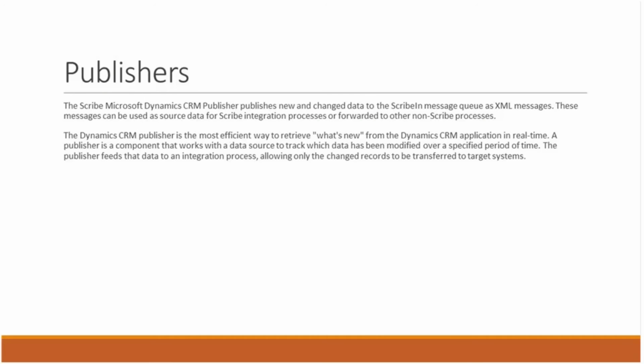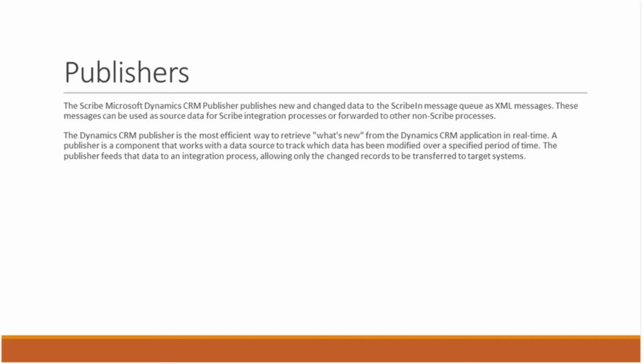So what happens is that I have a publisher, and the publisher is defined and configured, and it will be triggered on either an account creation, or an update or a status change. At the moment that happens, the publisher will pick up the event and translate it to XML. And the XML will, in the next step, be forwarded to a message queue. So that's the function of a publisher.